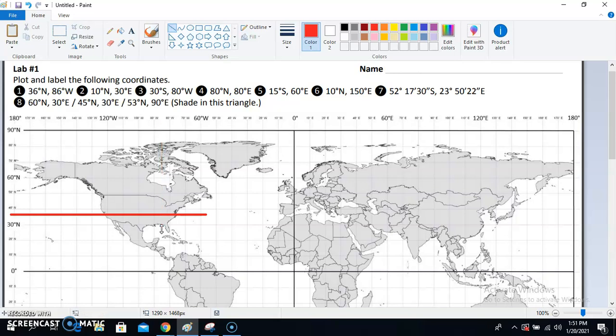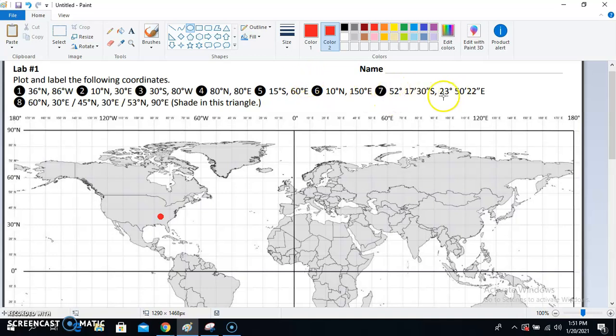So let me see if I can put a dot here. Basically where that intersection is, you'd want your dot to be. Okay, so I'm trying to fill everything in here just so you have something as a record to look at. Okay, so that's it. Plot and label it, so put your label on it, and then do that for all the rest of these.